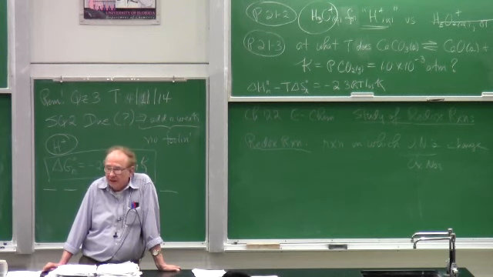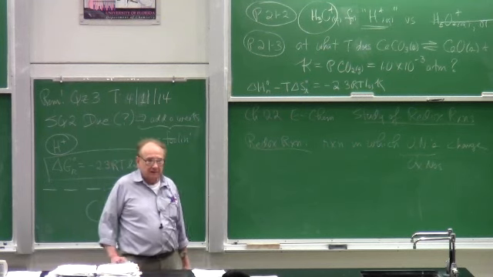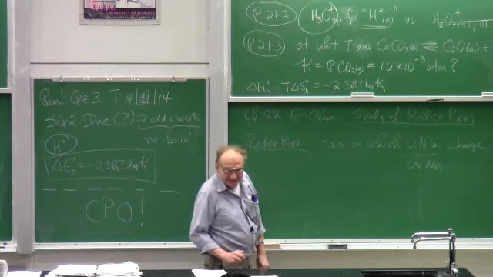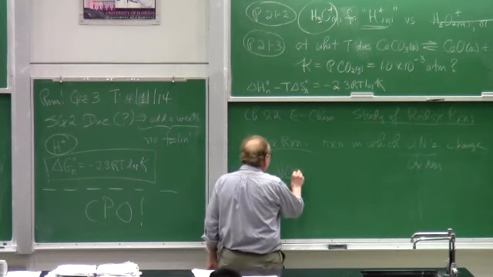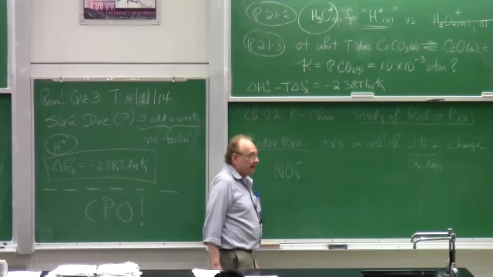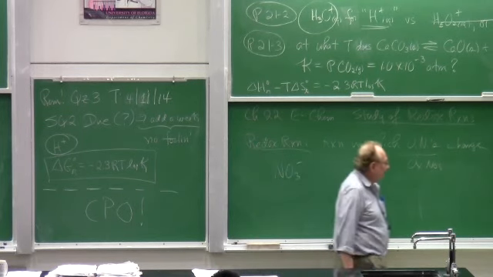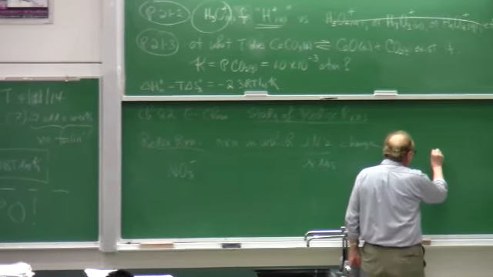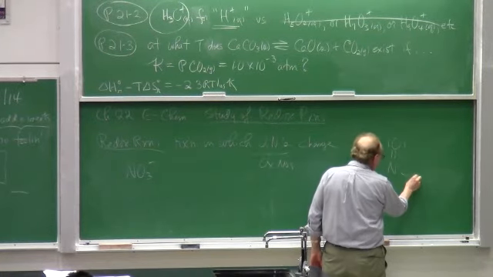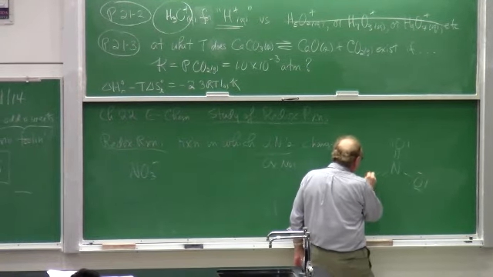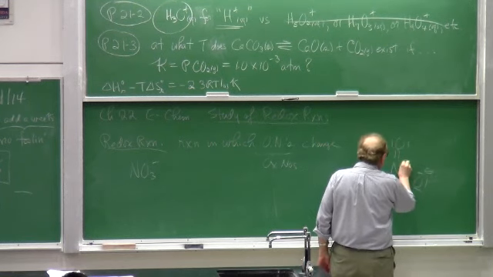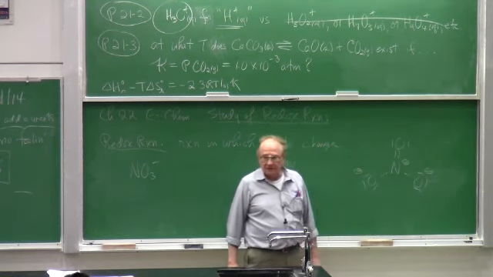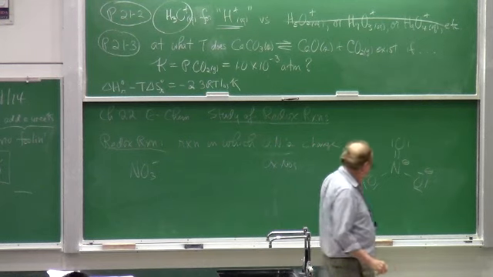But the best way to get oxidation numbers is not by memorizing all those damn rules. It comes from Lewis structures. Right? How about that? Nitrate ion. Lewis structure. Those are formal charges. They're not oxidation numbers.